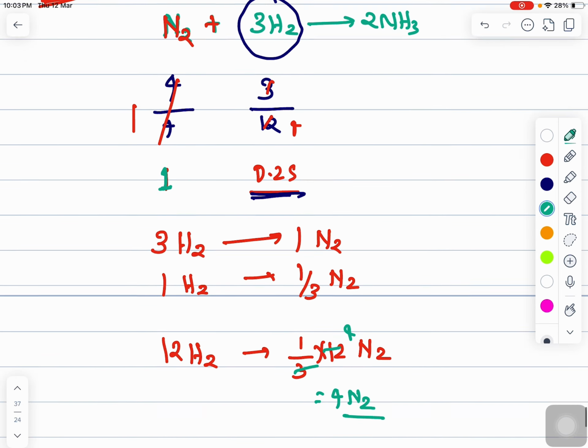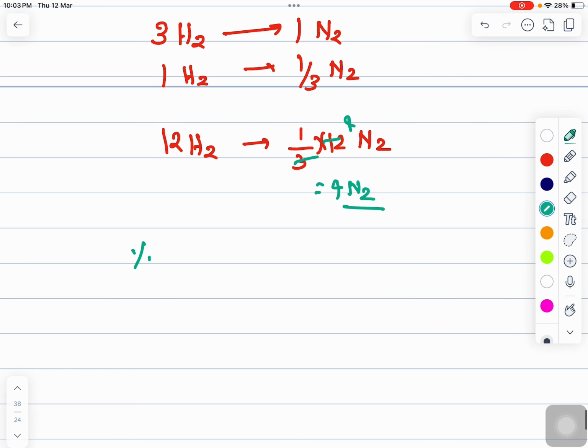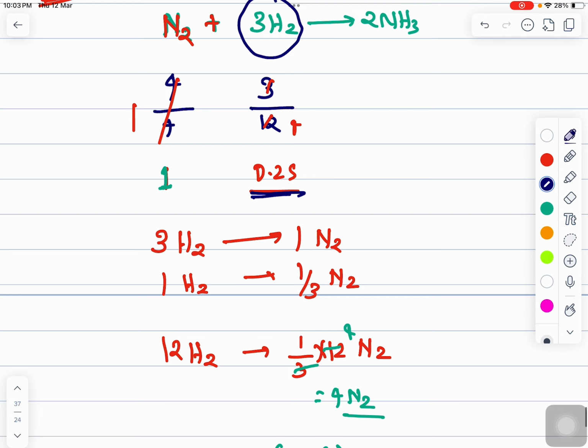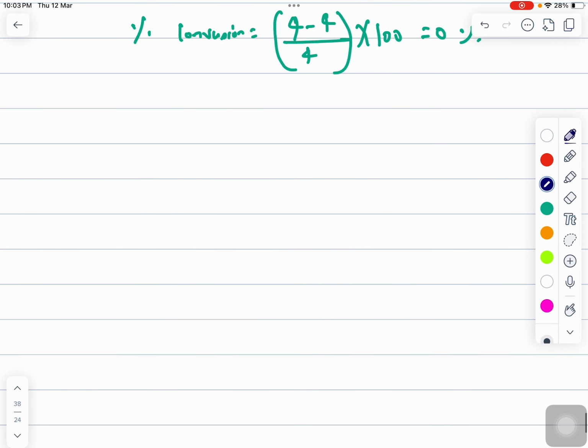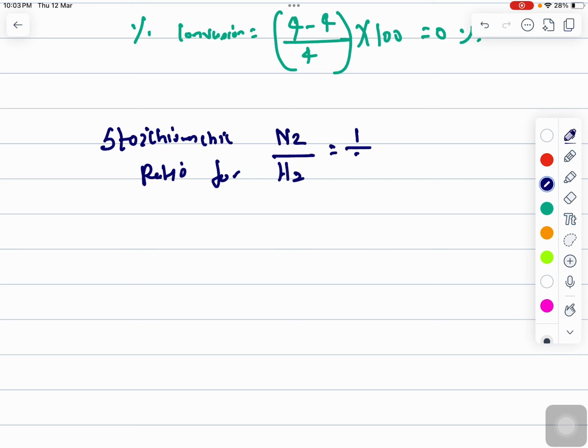So how much percentage conversion would there be? Percentage conversion will be 4 minus 4 divided by 4 into 100, so that will be 0%. Why? Because in this problem, the stoichiometric ratio of nitrogen to hydrogen is 1:3, that is 1 by 3.